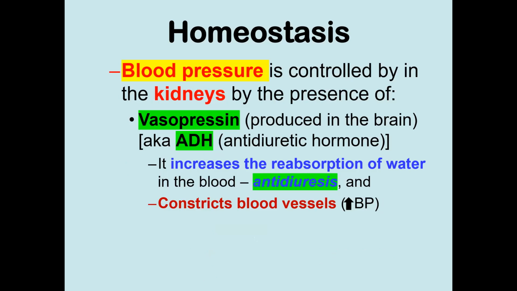Antidiuretic does the opposite. It stops the loss of water. It increases the reabsorption of water in the blood. So we have antidiuresis. Diuresis is the removal of water. Antidiuresis is the opposite. The other thing it does, it constricts blood vessels.